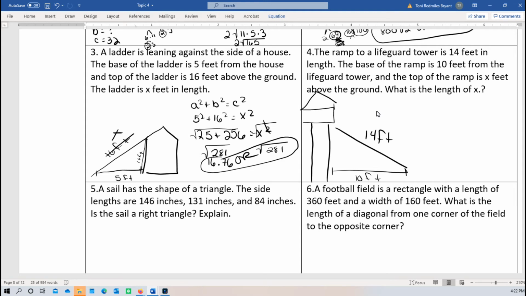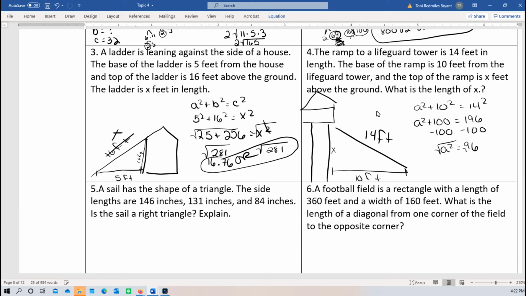What is the length of X? All right, so in this one, I'm missing my A, but I have my B, and I have my C. All right, so I need to bring this 100 to the other side. A squared is going to equal 96.